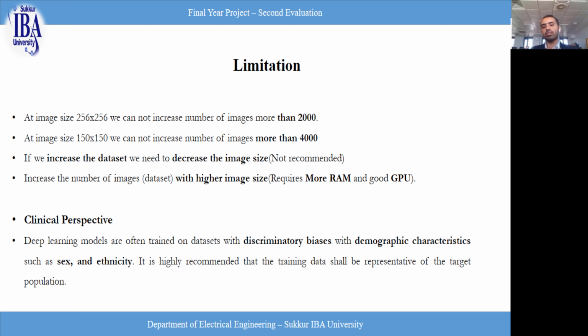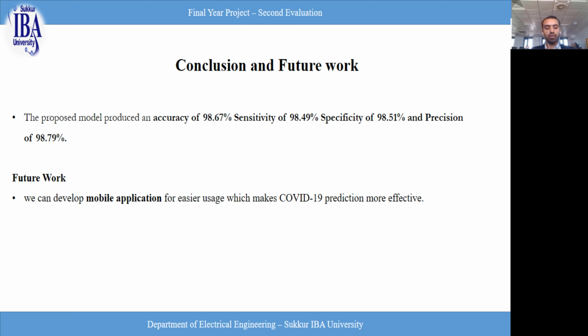That's the big reason that we cannot use the model in hospitals, because it's not widely trained. It's trained on just a limited number of images. So it is highly recommended that the training data be representative of the whole target population, and that's the solution. If we go for larger data, then we can say that we can use this model in hospitals.